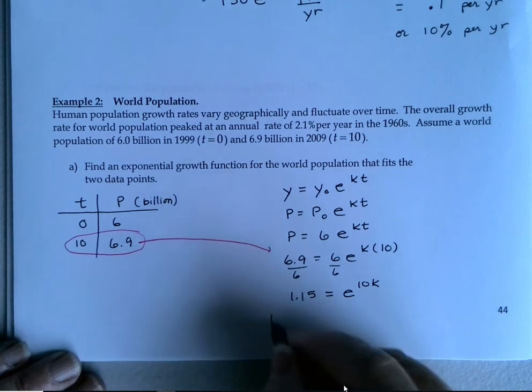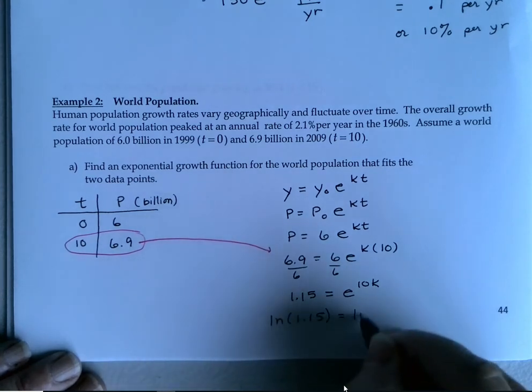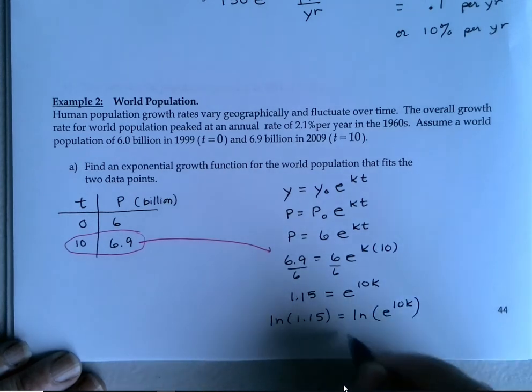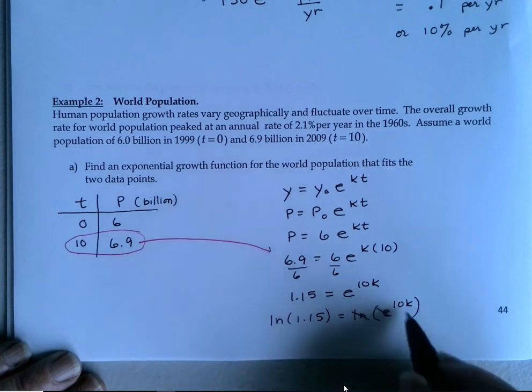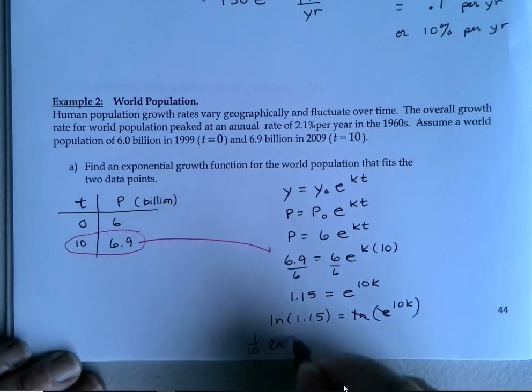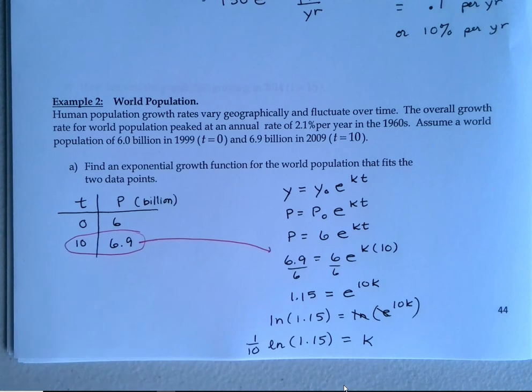Got to get rid of the e, so I'll do that with the inverse function, the natural log. And so dividing by 10, I'll have 1/10 times the natural log of 1.15 is the k value.